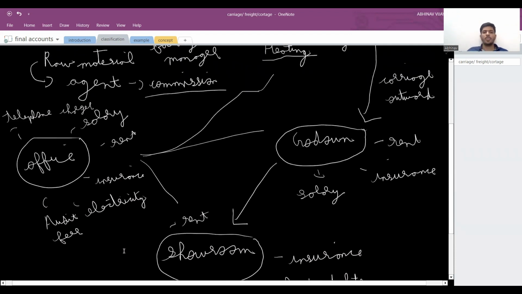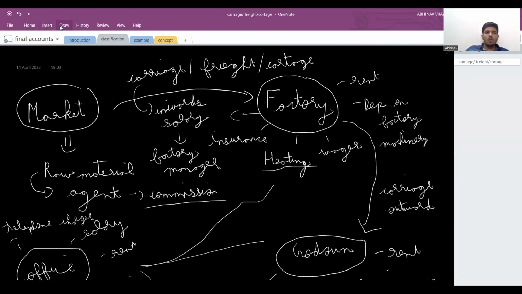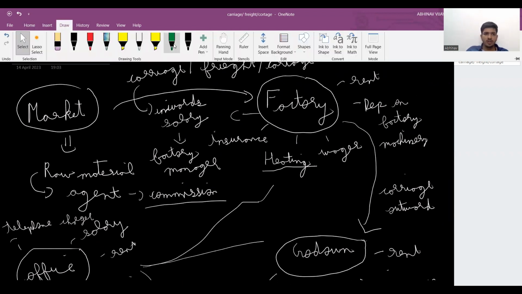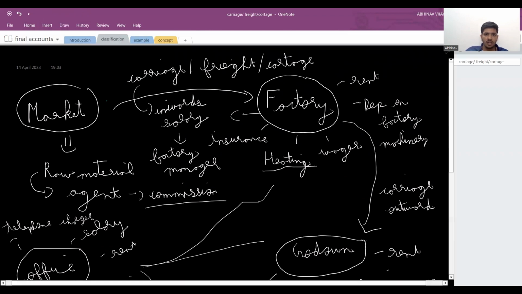Now, this is where the difference between conceptual clarity and proper classification, and lack of conceptual clarity and proper classification, comes. Now, I'm changing the color of my pen. Why?